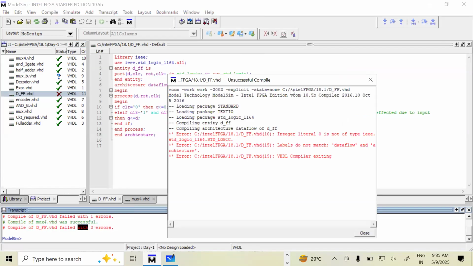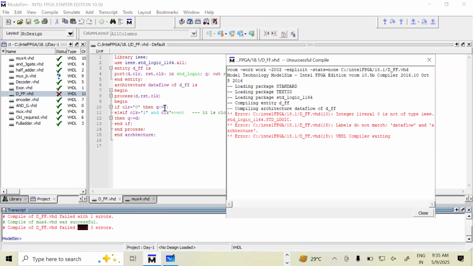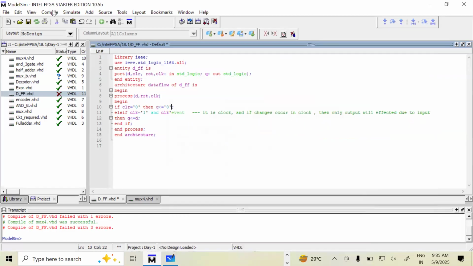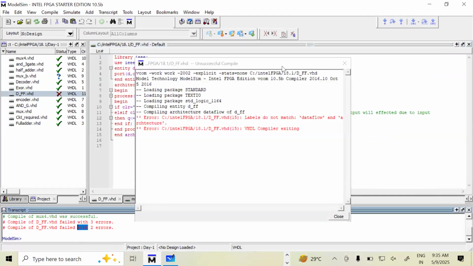There is an error at line 10. Then at line 15, it is saying end process and architecture.